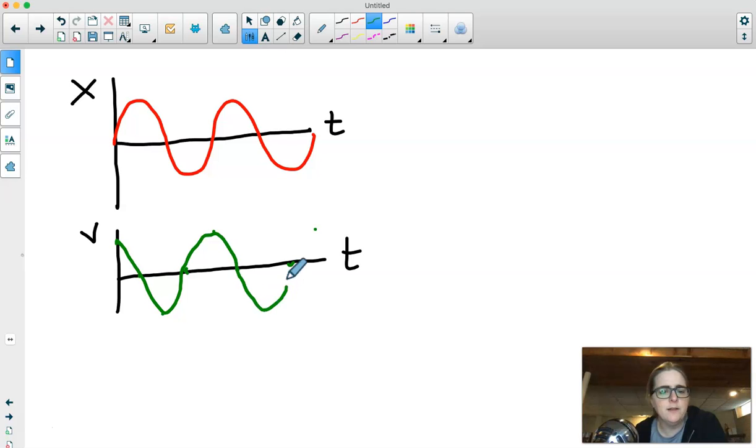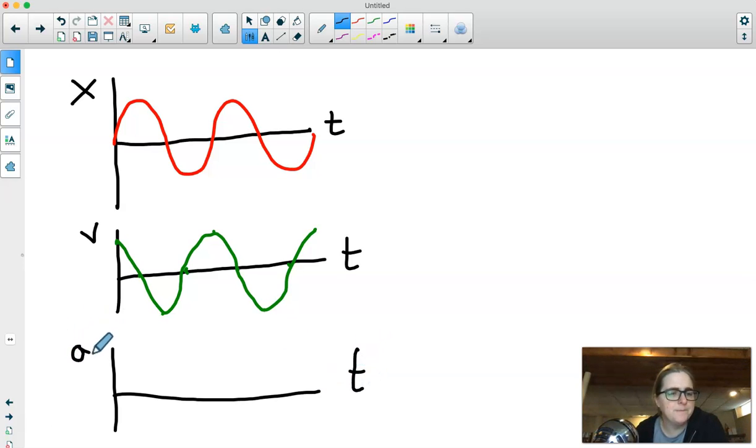And in physics, we get a little bit sloppy about whether a graph is a sine or a cosine, because we can also think of a cosine graph as just a sine graph with a different intercept. And then I can do something very, very similar for the acceleration time graph.